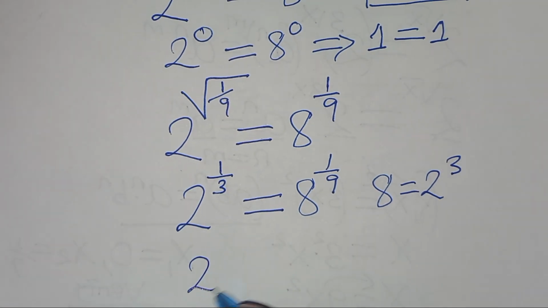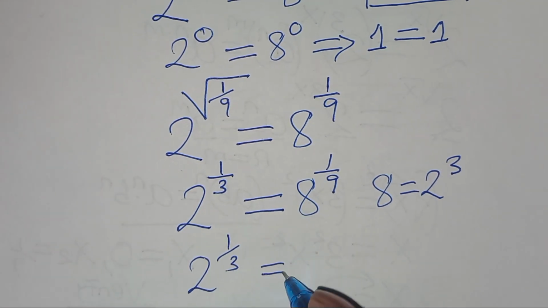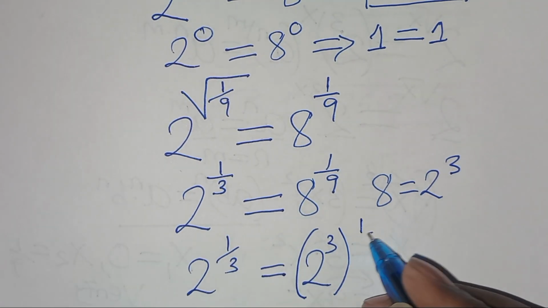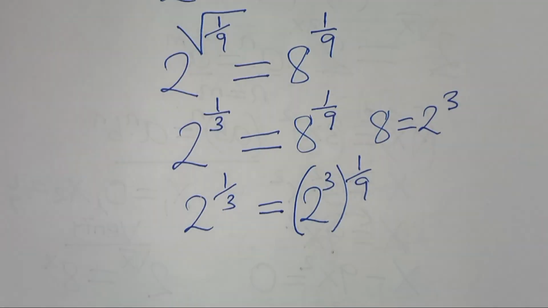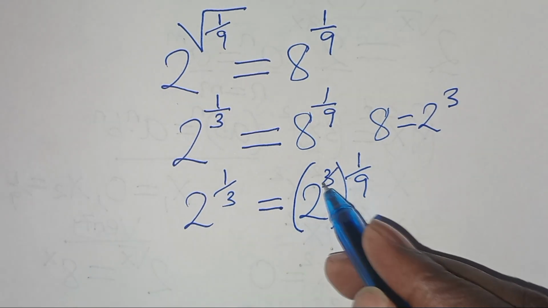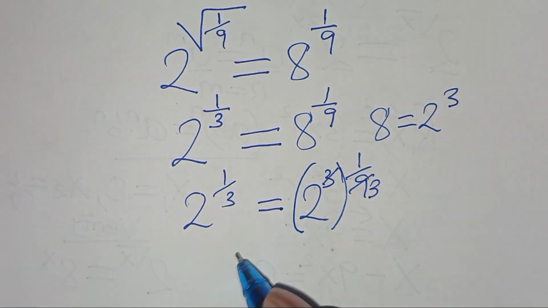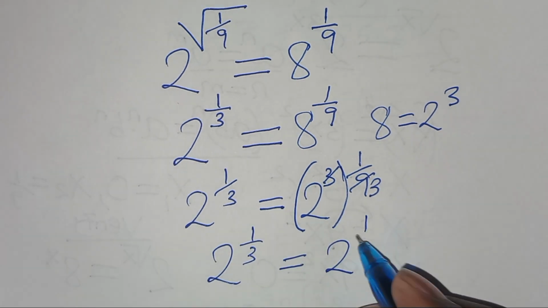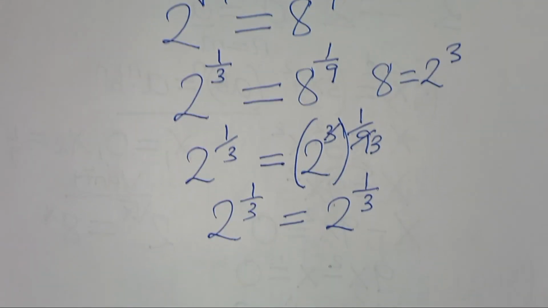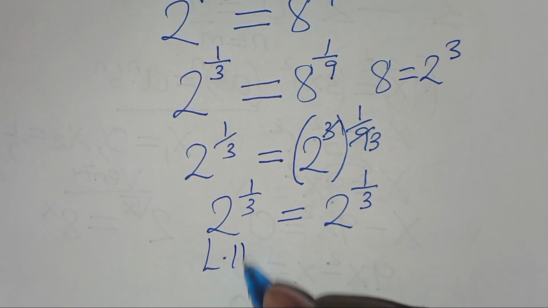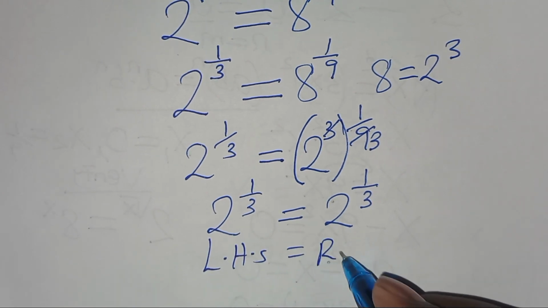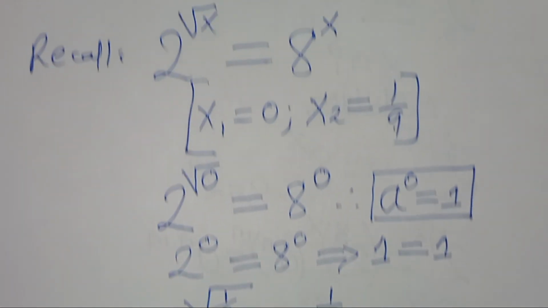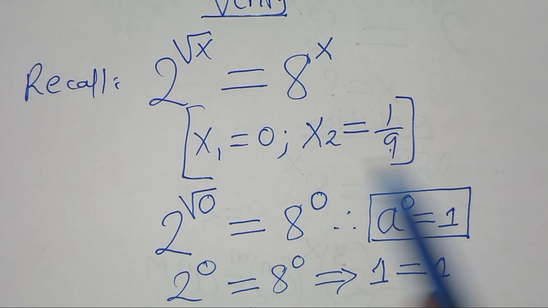Therefore, we'll have 2 to power 1 over 3 on the left, and on the right, 2 to power 3 multiplied by 1 over 9. Here we simplify 3 by 3, so we'll have 2 to power 1 over 3 equal to 2 to power 1 over 3. So you can see that the left hand side is equal to the right hand side, and that implies that the values x1 and x2 satisfy the equation.